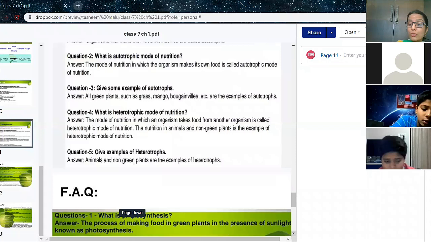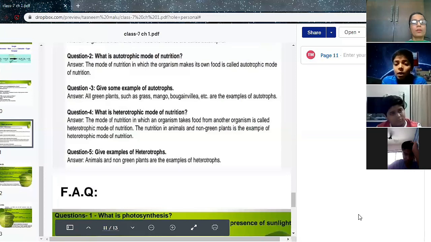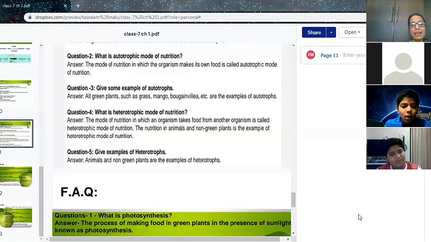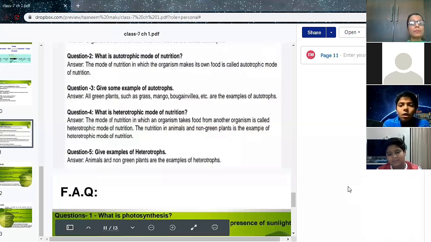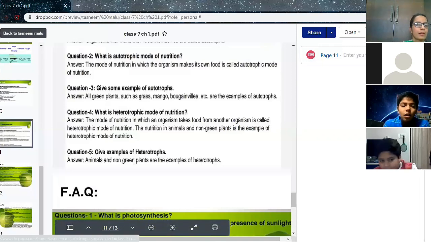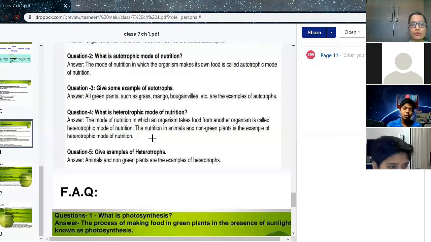Now, what is heterotrophic mode of nutrition? The mode of nutrition in which an organism takes food from other organisms is called heterotrophic mode of nutrition.